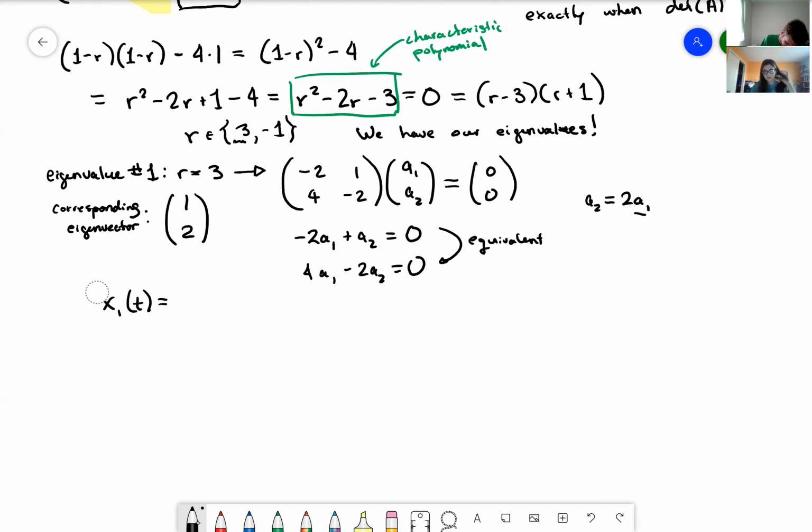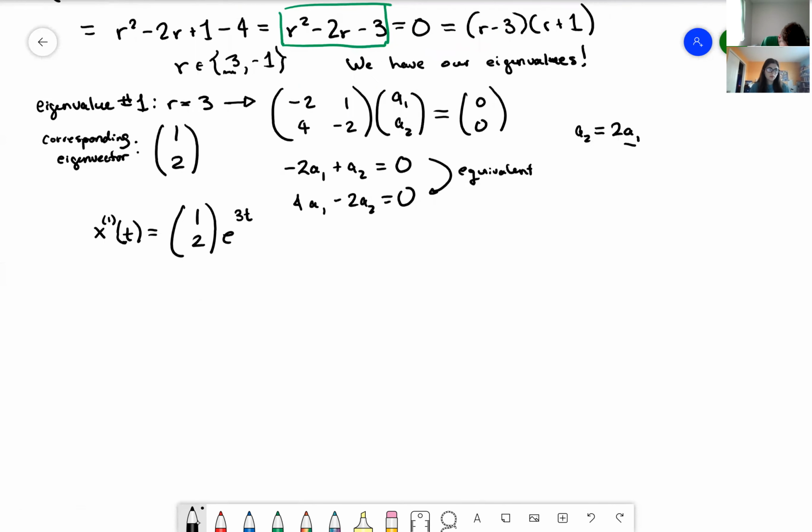We'll write the individual solutions. This is our first solution by this method. Something that satisfies the system of equations is the vector (1, 2) times e to the 3t. So that's our first solution.